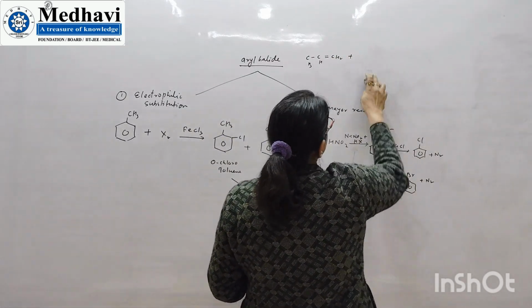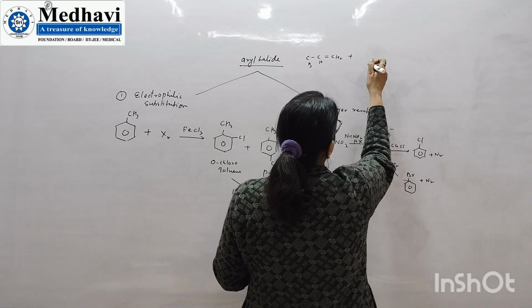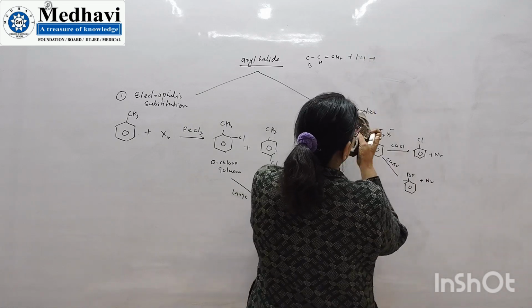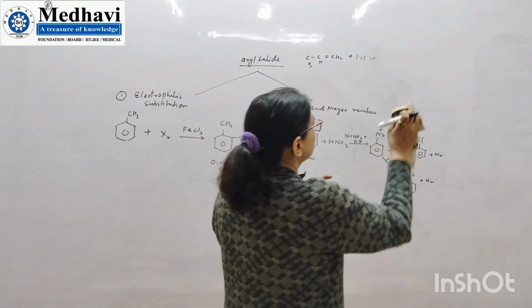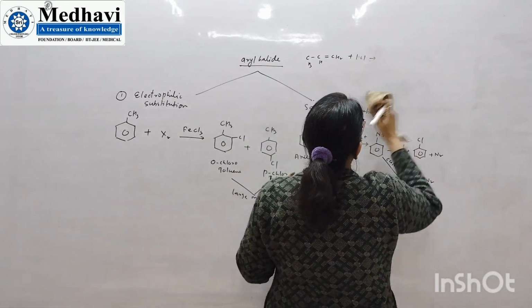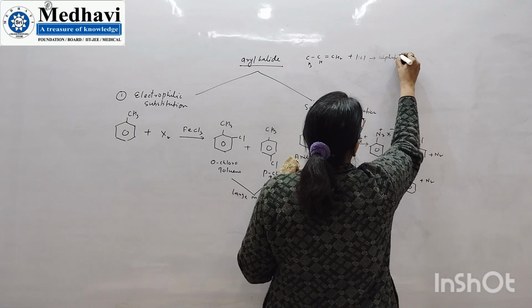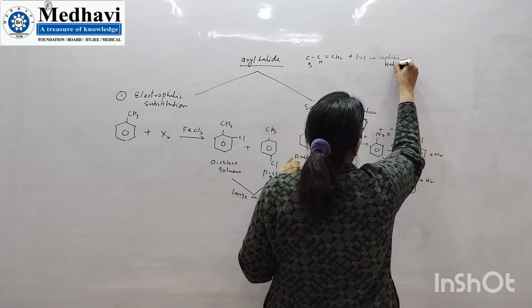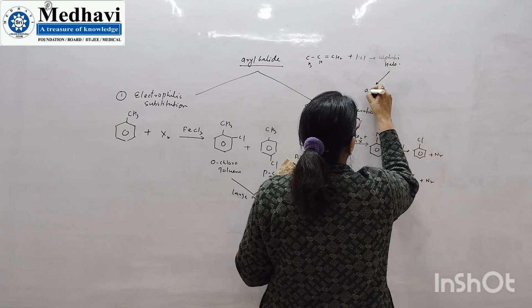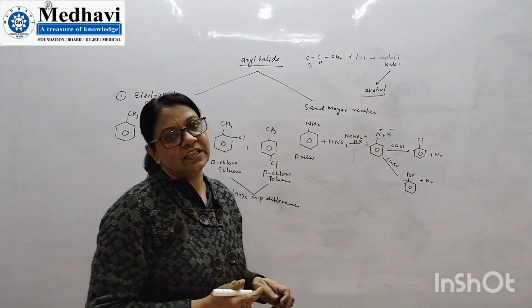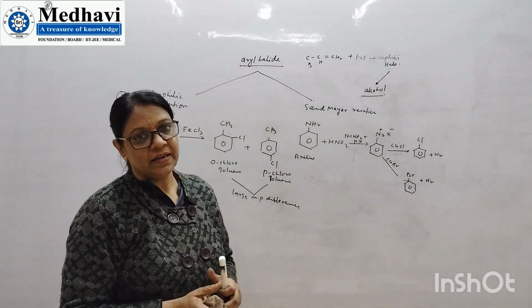You can convert this double bond to a single bond by adding HCl, anti-Markovnikov or peroxide effect. We can do this: halo group, aliphatic, and then aliphatic halo group, and then we can convert it into an alcohol group. So that conversion part I will explain in the next video, and its properties part. Thank you.